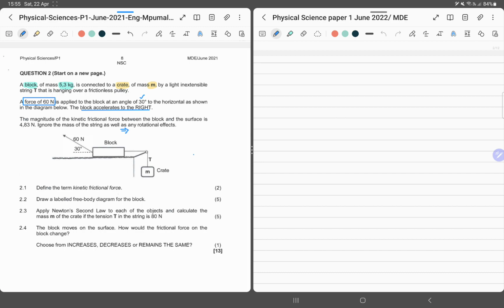Always make sure you understand, because you would think that because the force is being applied in that direction, the acceleration is to the left. Nope, they're trying to tell us that this mass is greater. Then of course we know what is responsible for that is its gravitational force. That is the crate. So quickly guys, you know that for a fact there's going to be gravitational force of the block and its normal force.